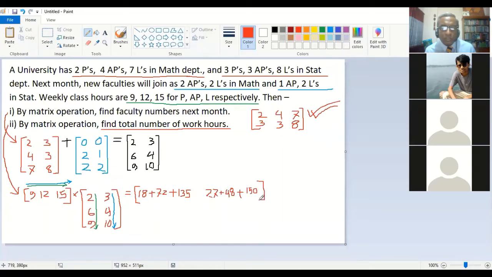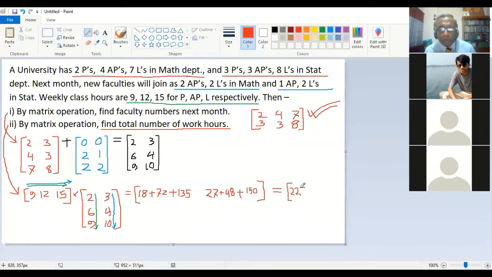So this is the calculation, and then you get the answer. One more calculation: 18 plus 72 is 90, and then 135, so 225.